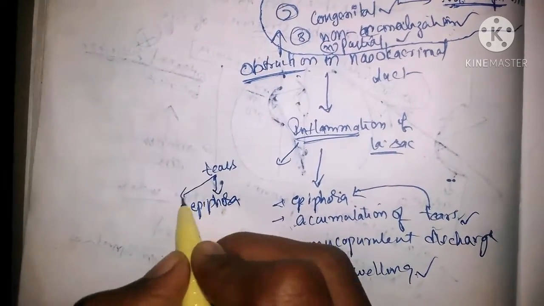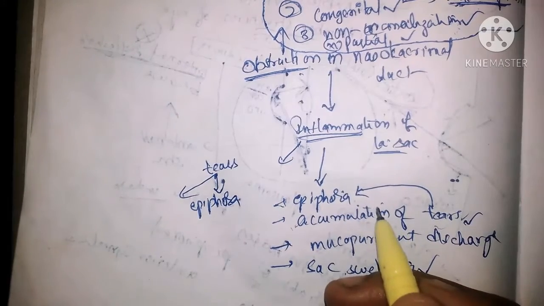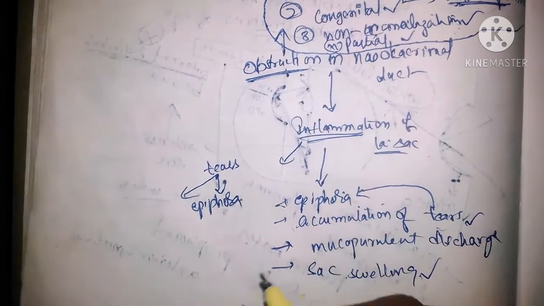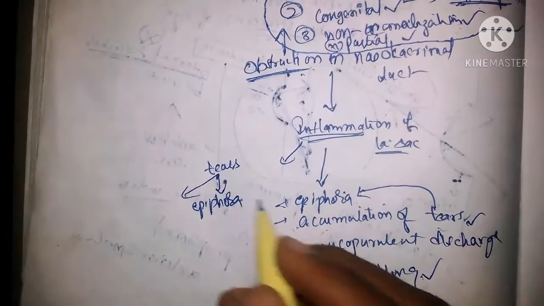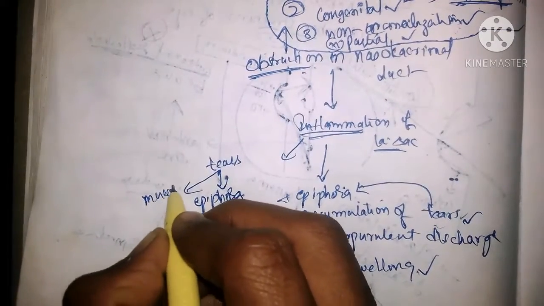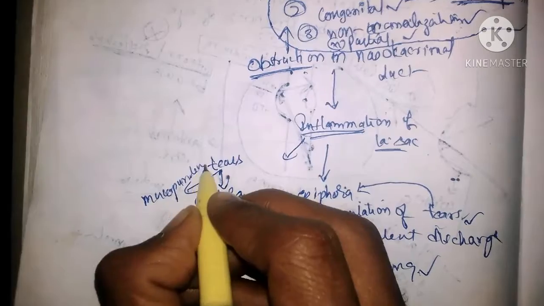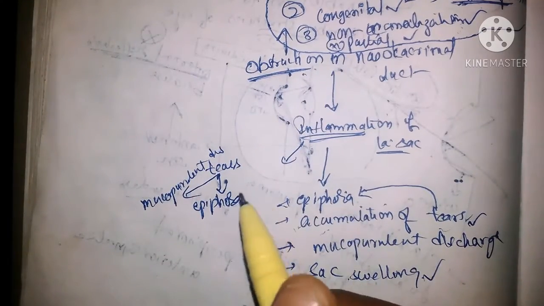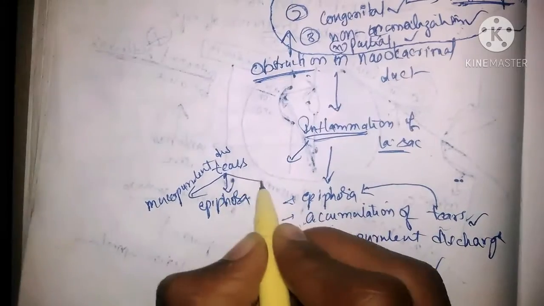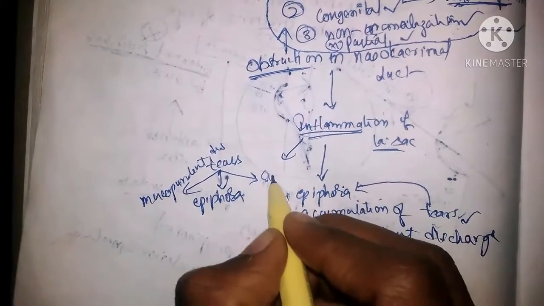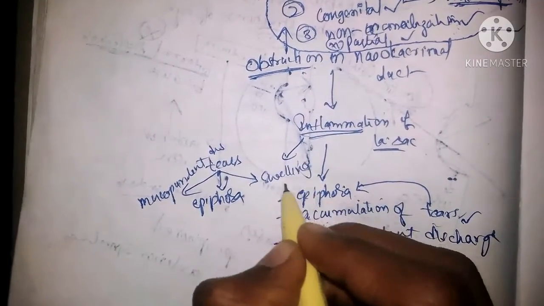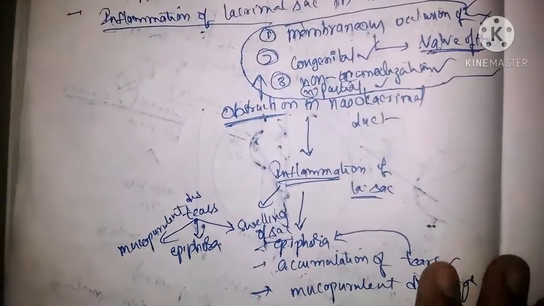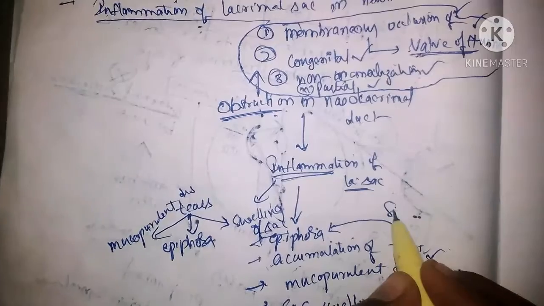And if the accumulation prolongs for a very long time, then it results in infections. Due to that you will see mucopurulent discharge. Due to accumulation of tears, you will see swelling of the sac. Clear? So these are the symptoms.